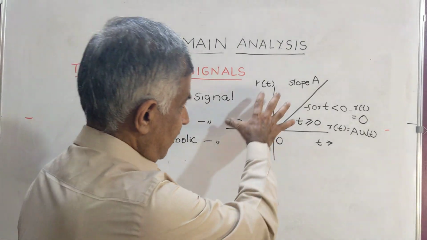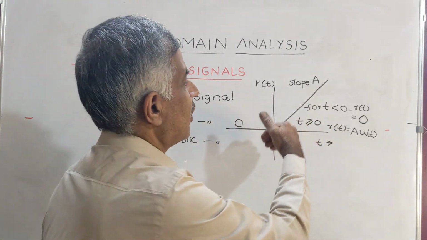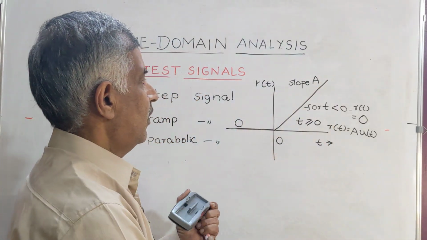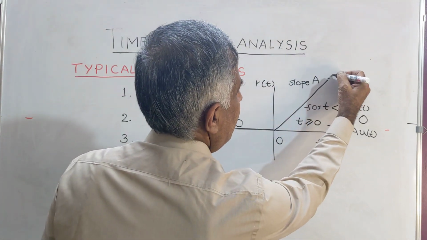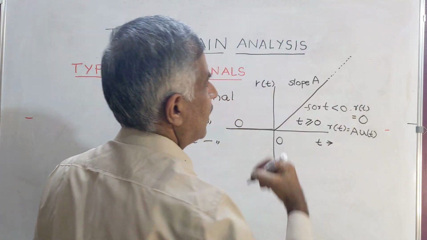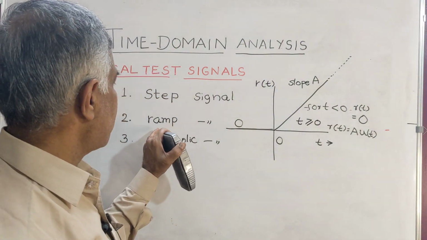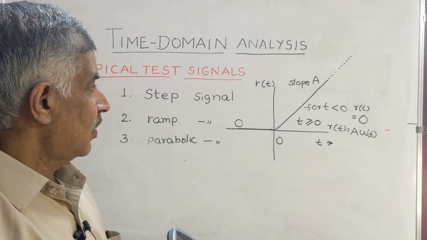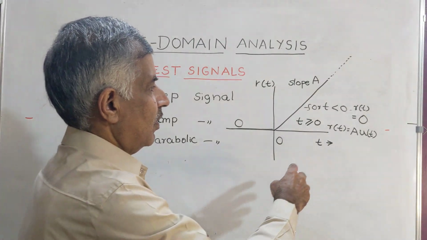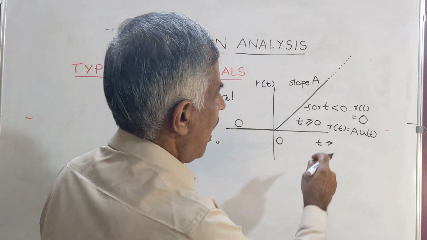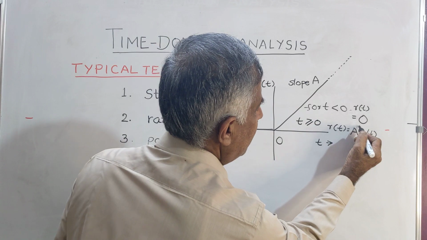In this signal, the input keeps on changing, as you can observe, and this is also a useful signal. So for a ramp signal, it is R(t) equal to A t u(t).